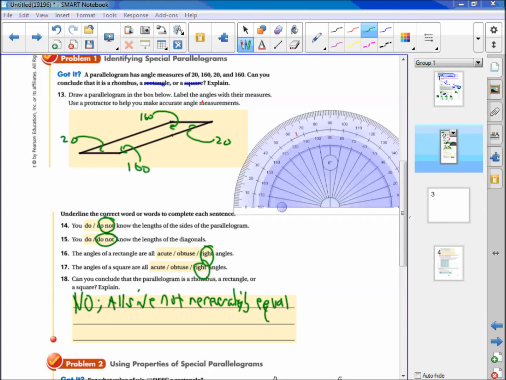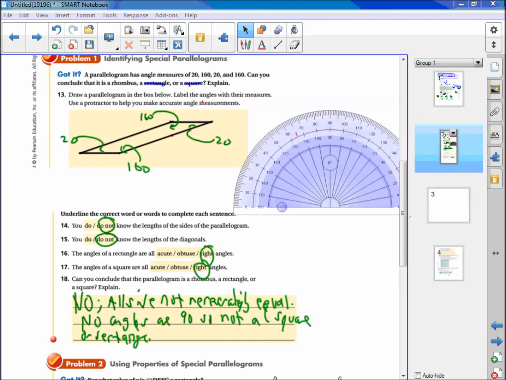So we don't know about rhombus. And no angles are 90, so it's not going to be a square or a rectangle. So it could have been a rhombus if we had drawn it special, made all the sides the same, but it's certainly not going to be a rectangle or a square.